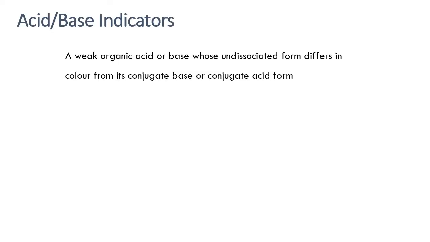So let's look at acid-base indicators. An acid-base indicator is a weak organic acid or base whose undissociated form differs in color from its conjugate base or conjugate acid form. As an example here, we're going to write it as H indicator.